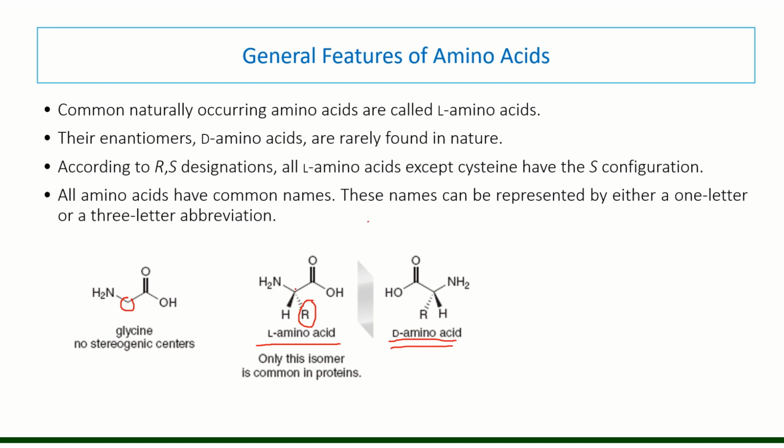When you look at the chiral center, in most cases these are S, but of course cysteine has an R configuration. We use one letter or three letters, more commonly three-letter abbreviations, to denote our acids.